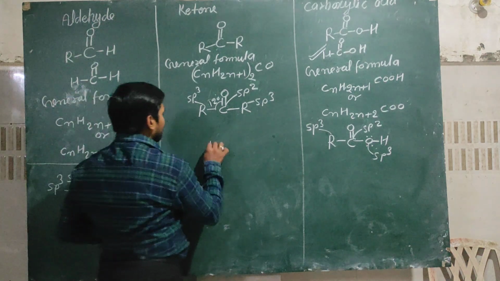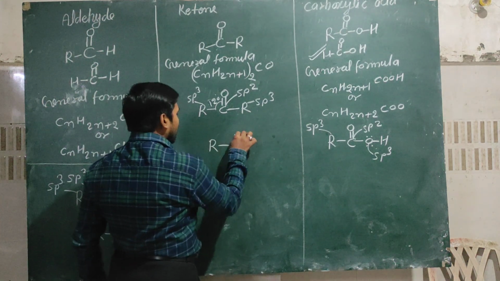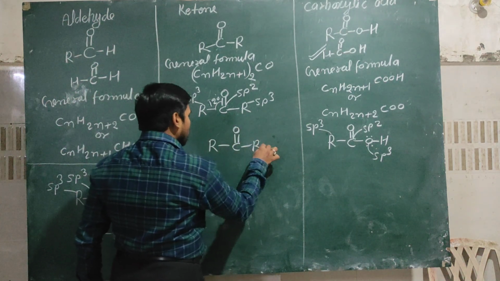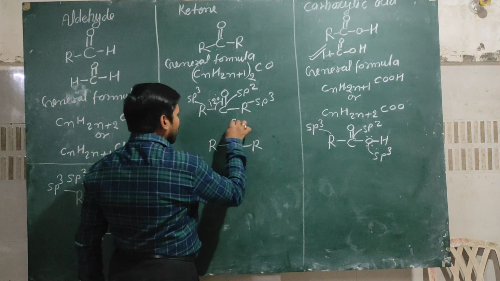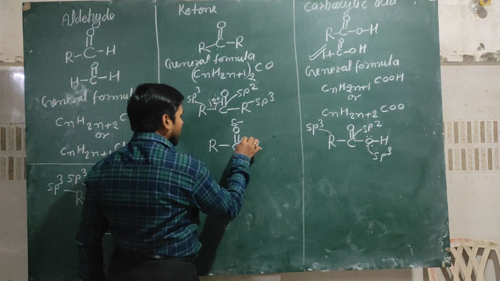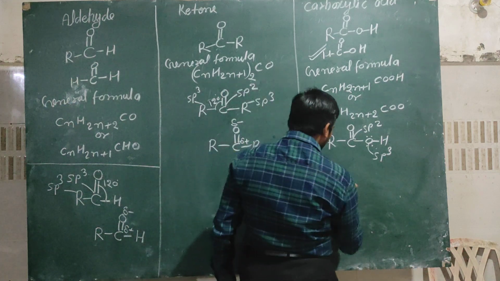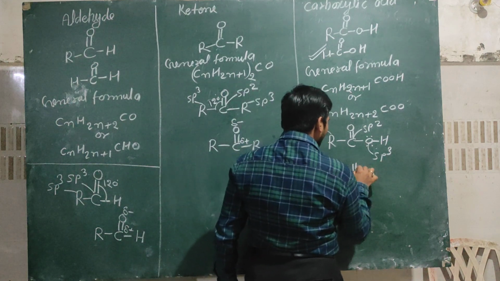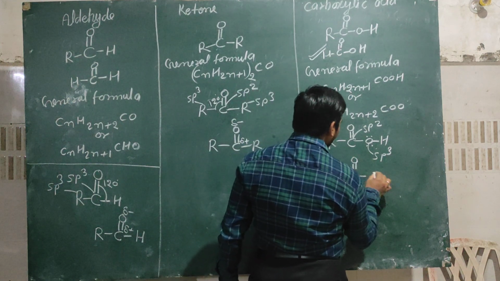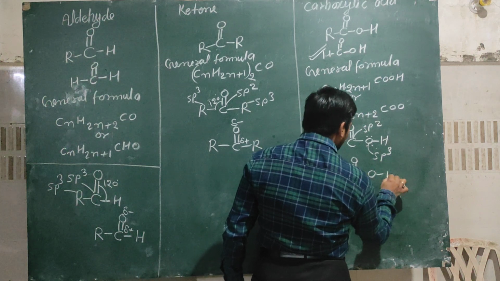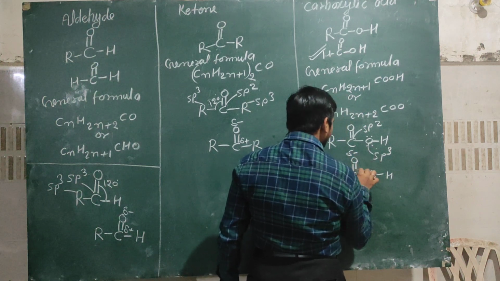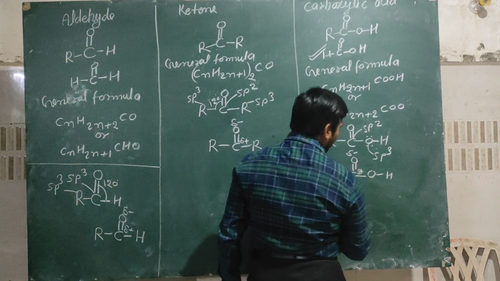In all type of structure where carbonyl group is present, carbonyl oxygen contains partial negative and carbon contains partial positive charge. Here in case of carboxylic group, it also contains partial negative and partial positive charge.